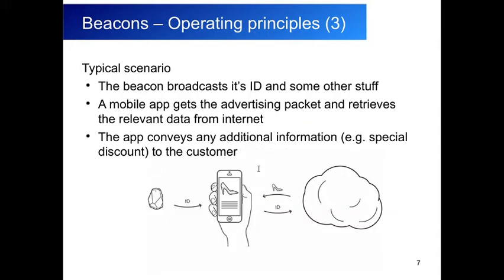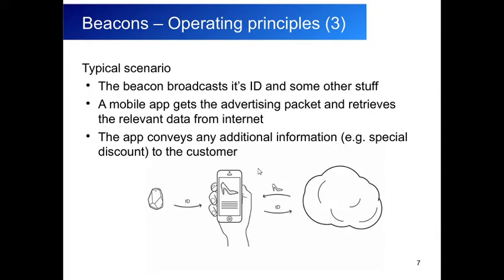A typical scenario is to retrieve the ID from a beacon placed in a specific position in a store, and then query a remote database server by means of a mobile application, and retrieve the relevant information that is specific maybe for the customer. So maybe this customer may have a special discount because they are a very good customer, and so they want to reward the customer.